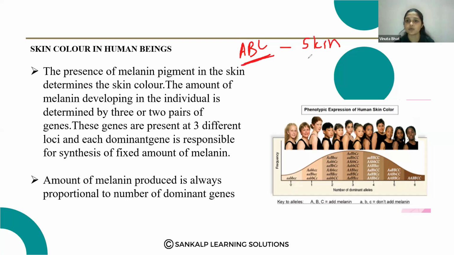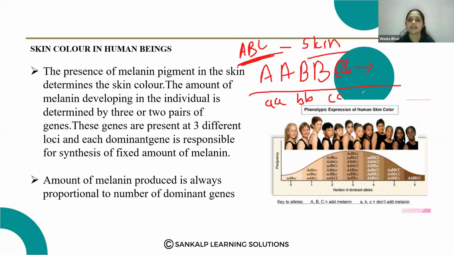These are in diploid condition, so here A, A, B, B, C, C. Capital A, capital B, capital C are dominant genes, and small a, small b, small c are recessive to them.